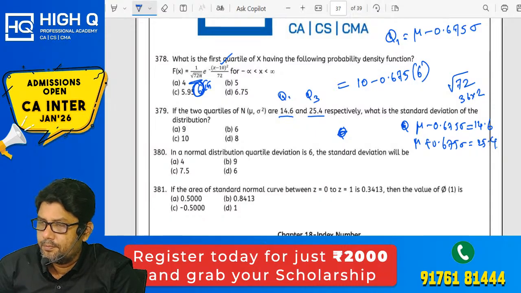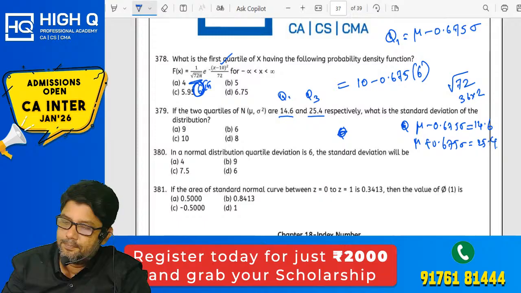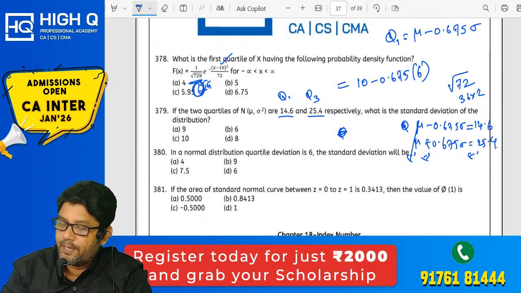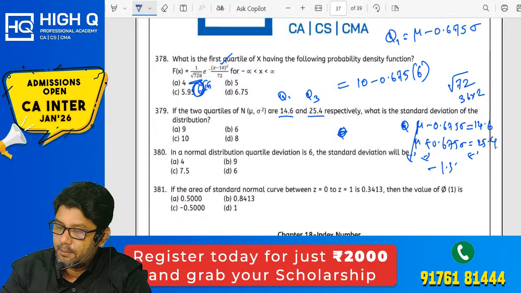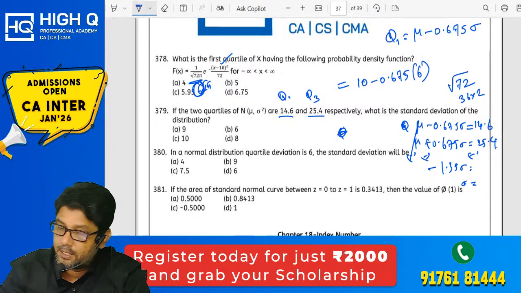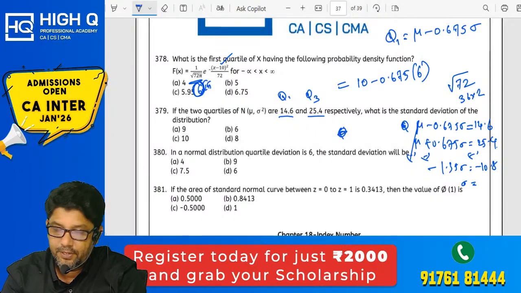So what is it? 0.675 plus 0.675 is 1.35 sigma is equal to 10.8. Tell me, 10.8 divided by 1.35. 8.